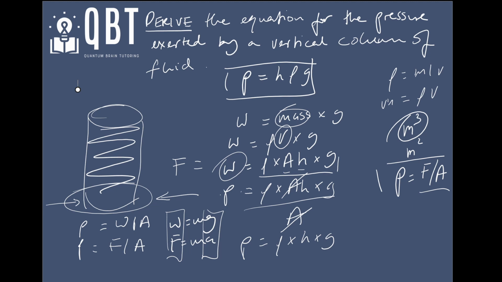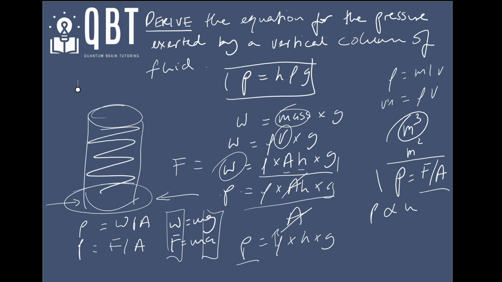Now, from this expression, we can conclude a few things. We can conclude that the pressure is proportional to the height, okay? So as we increase height, as we increase depth, we increase the amount of pressure that's exerted by the fluid. We can assume that the more dense the fluid, the greater the pressure it exerts, okay? If my density goes up, then obviously my pressure has to increase.